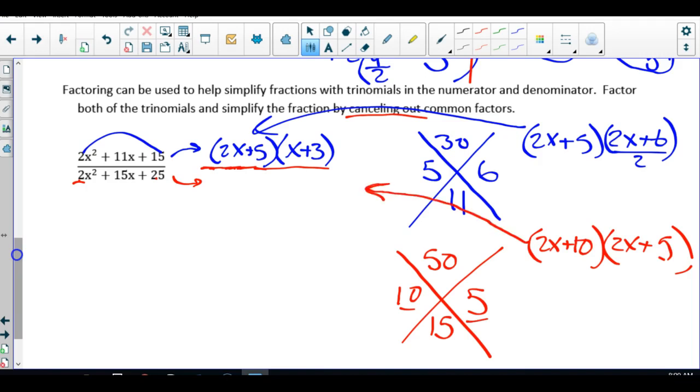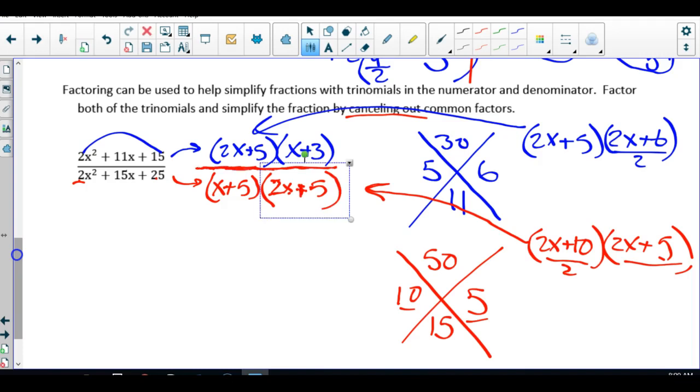I got a common factor of 2 on this first one, so x plus 5. And 2x plus 5 has no common factors, so 2x plus 5. 10 is going out.